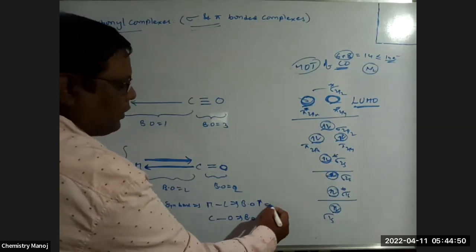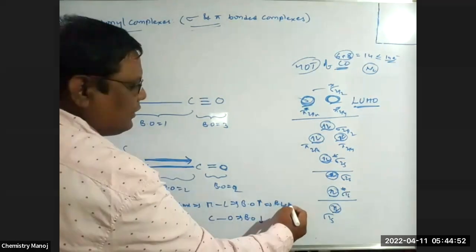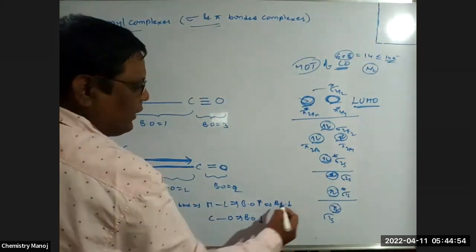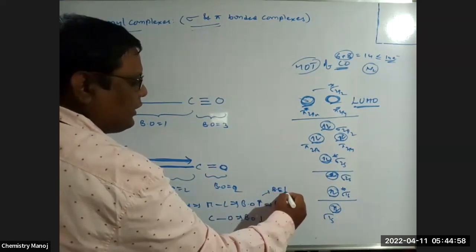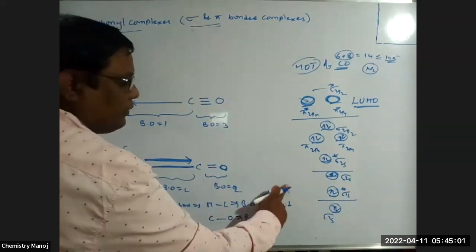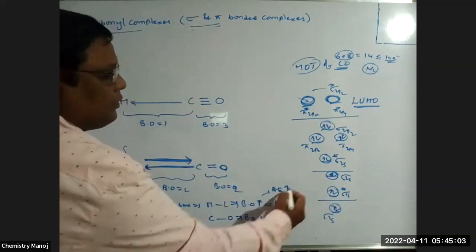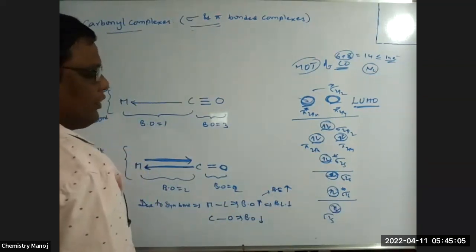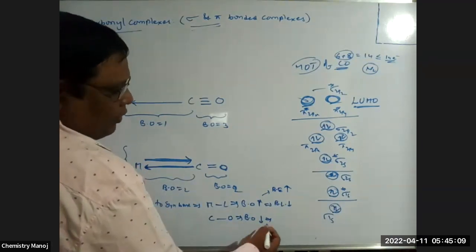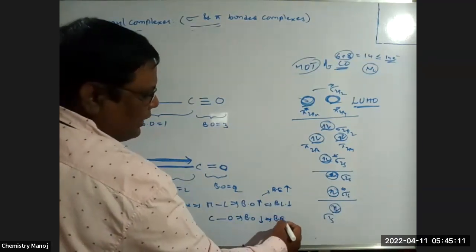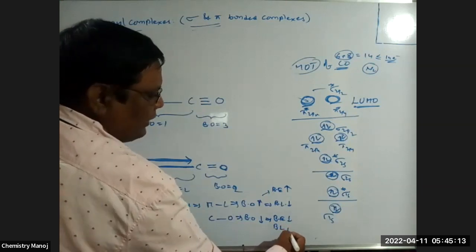Bond order increases means bond length decreases, correct? Bond order increases means bond energy increases, because with more bonds, more energy is required to break them. Between carbon and oxygen, bond order decreases, bond energy decreases, and bond length increases.